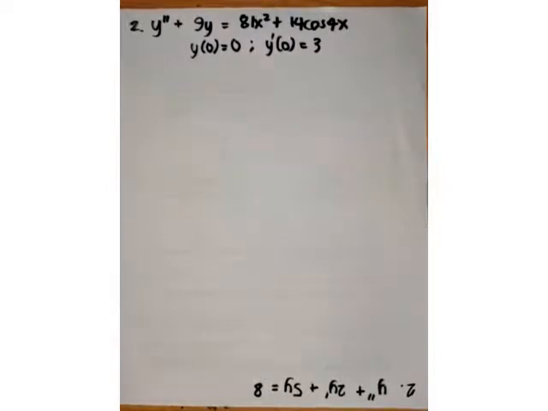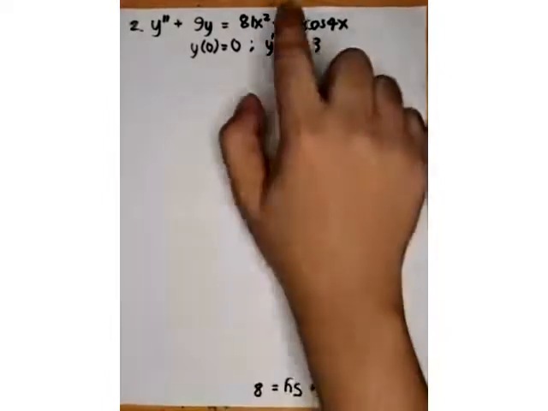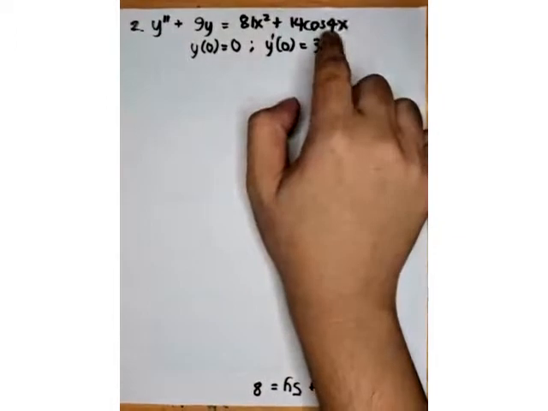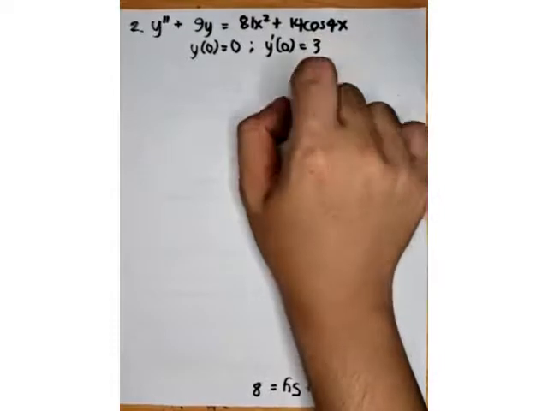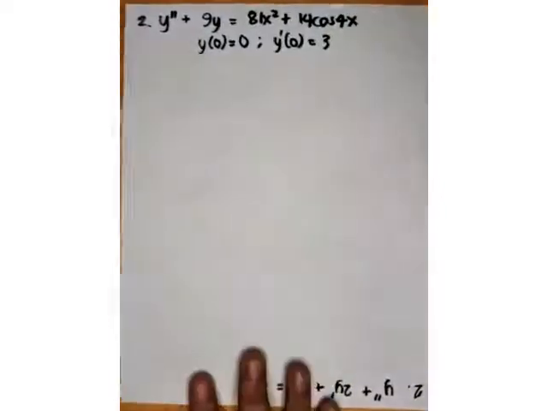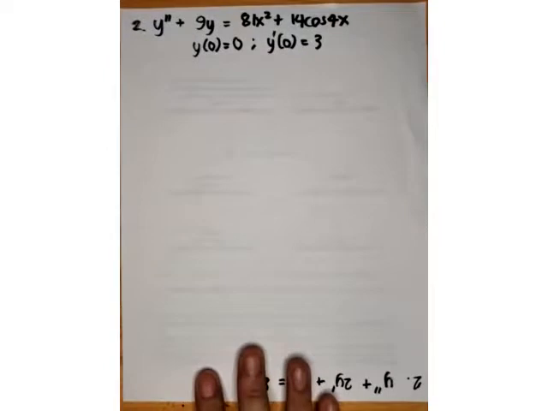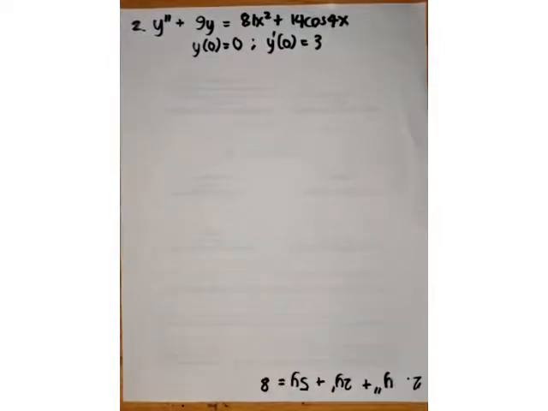Ayan. So, ito ay kaya naman siyang i-undetermined coefficient because we have algebraic and trigo. Cosine in particular. So, pwede naman natin siyang i-solve using undetermined coefficient. Okay? So, yun na lang, no?